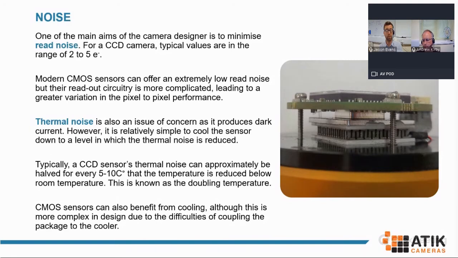Now, with CCDs, this cooling can help to halve the level of thermal noise for every 8 or so degrees that the sensor's cooled below ambient. For quite a lot of common sensors, like the Sony ICX range, this is very, very effective up to about -10 degrees.